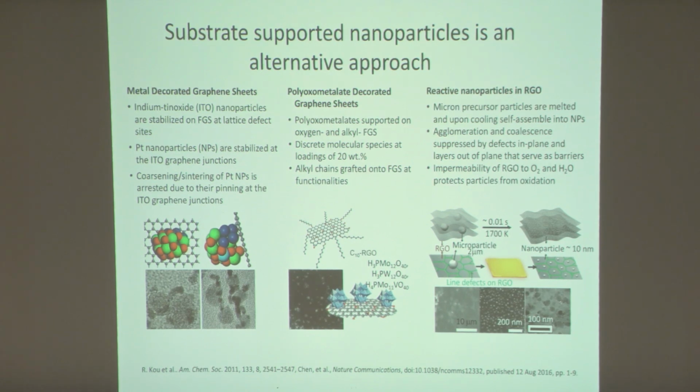But the idea of using it as a support for adding nanomaterial is an example here, where I take the graphene, which is only 1 atom thick, has a very high surface area, typically 1 micron by 1 micron in the XY dimensions, and I start attaching nanoparticles at the defect sites.